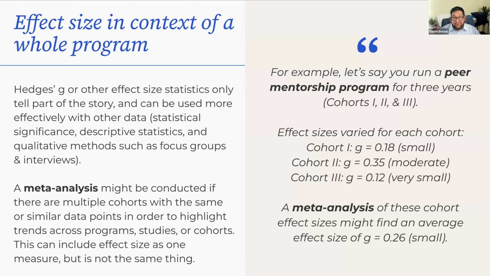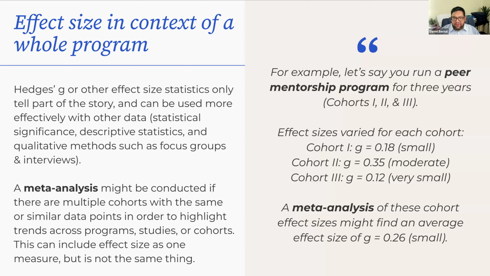This is something that could be best used in a mixed method evaluation where you have qualitative data or you have descriptive statistics that you're using to talk about what kind of cohort you have, what kind of interventions you had, what kind of outcomes you had. It's not going to be the big proof that something is happening here, right? It's going to be part of that bigger story, one piece of the story that you're telling with your data.